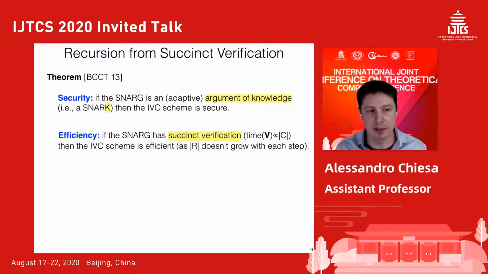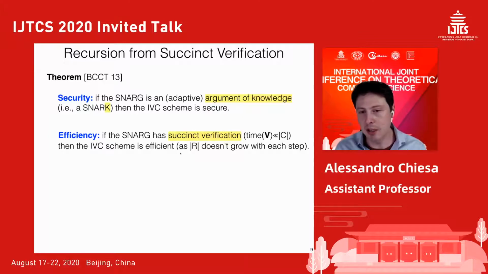The other important part is that the efficiency property of the IVC follows provided that the snark has so-called succinct verification. This means that running the snark verifier is much faster than the circuit that you're checking. Okay?